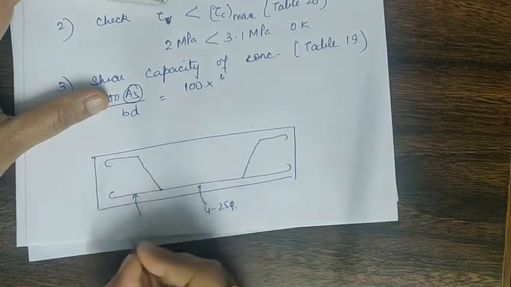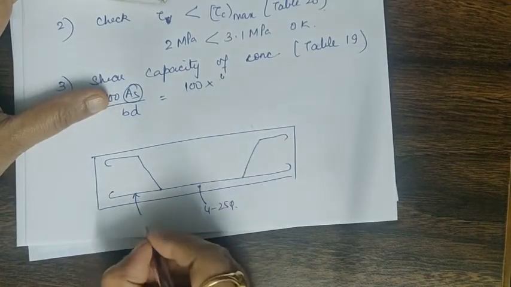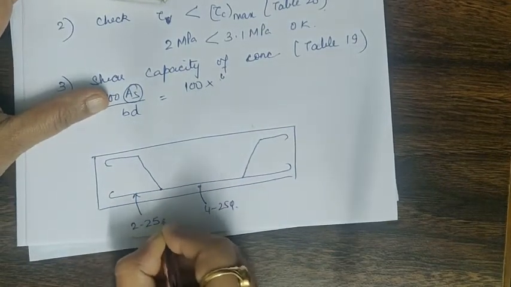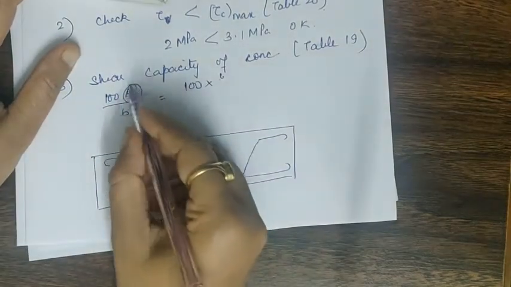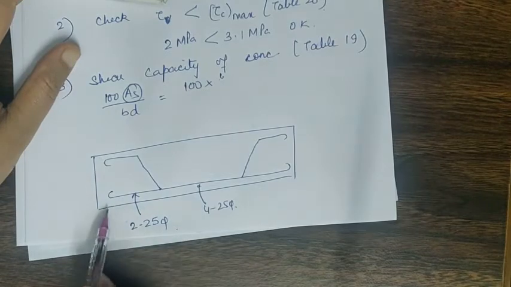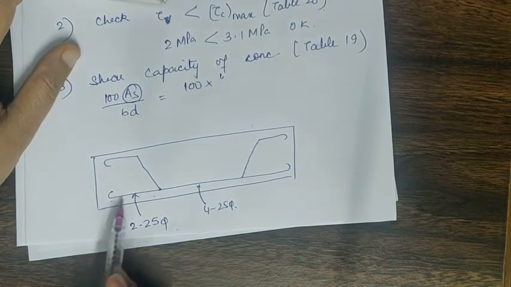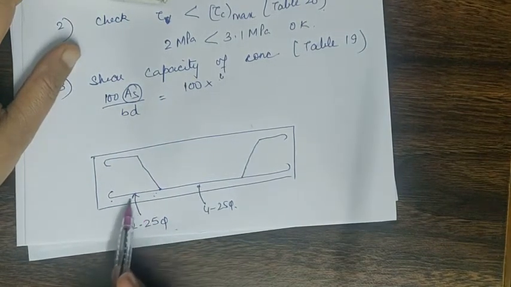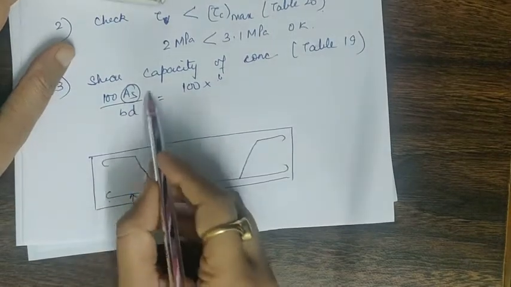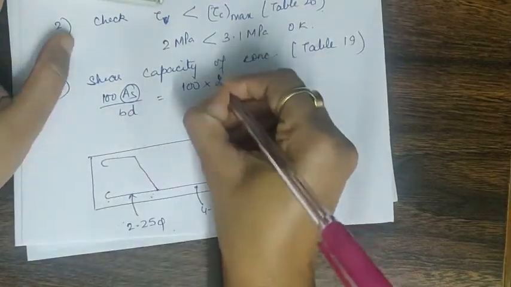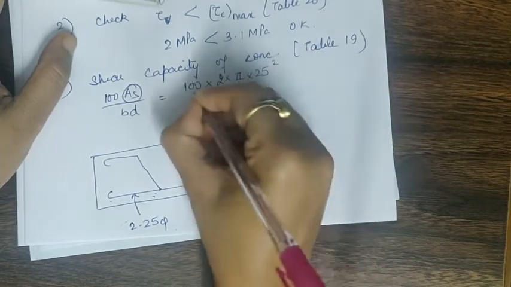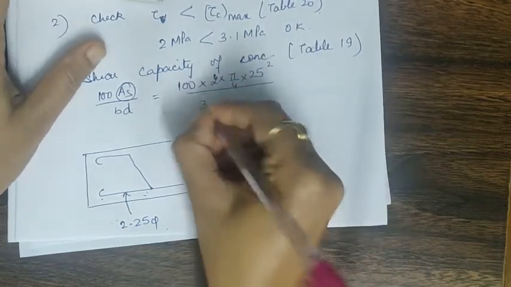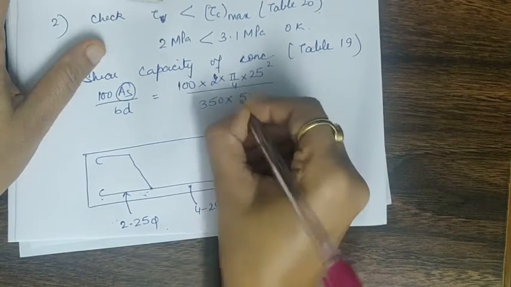So at the support, instead of 4 bars, how many bars are left? 2 bars of 25 dia. So this As will be the amount of reinforcement that is going as tensile reinforcement in the support. So over here As we will take as 2 bars of 25 dia. b is 350, this is 550.